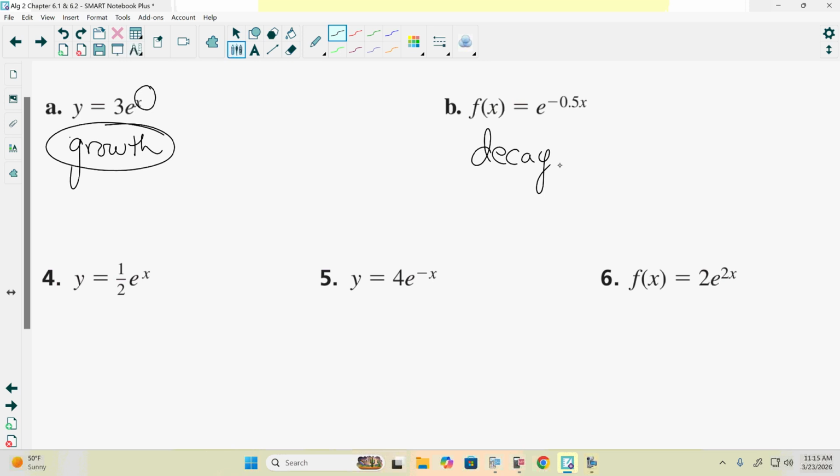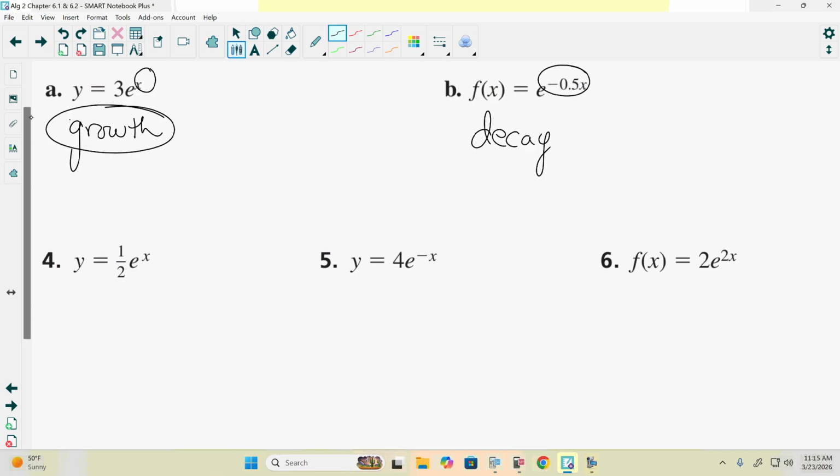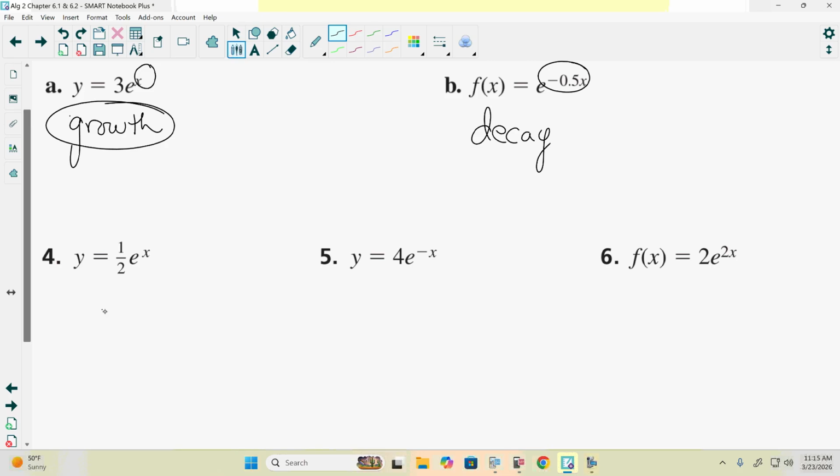So b would be decay because that exponent attached to it is negative. Now that one would be decay also. It's growth because it is positive, because that exponent's positive. And the negative x, that's negative 1, so that's decay.